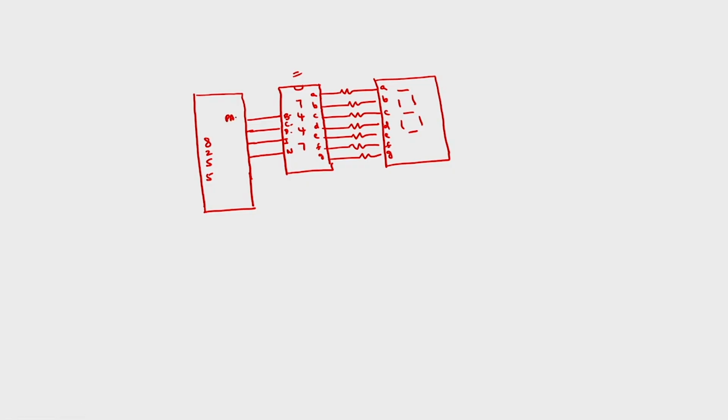This is PA3, PA2, or you can use the higher order pins PA7, PA6, PA5, PA4, it is up to you. Only 4 pins of port A, the remaining 4 pins I am not using. I am assuming the same addresses: FCH is the address of port A, FFH is the address of the control word register.